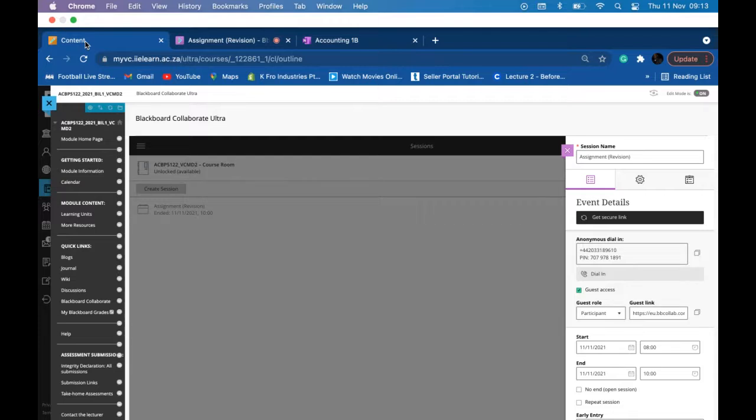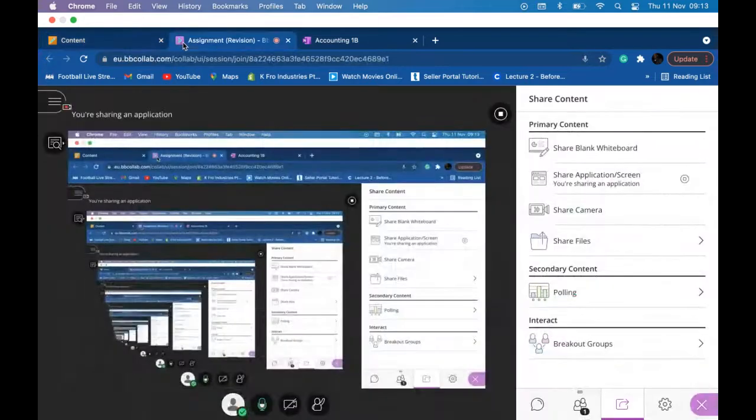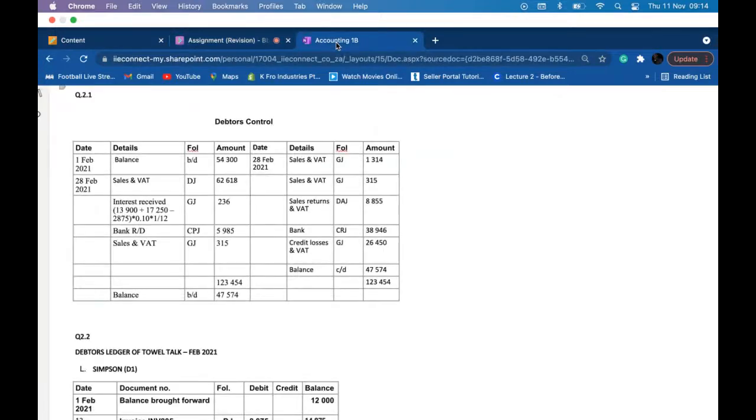And then finally, to prepare the debtors list. Okay, all right, for Tower Talk as at 28 February 2021. Again, round off to the nearest rand, show all your working. Basically, what they want us to do here is debtors reconciliation.